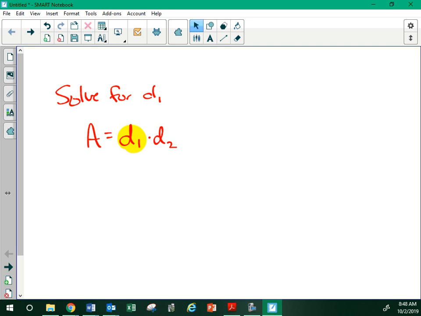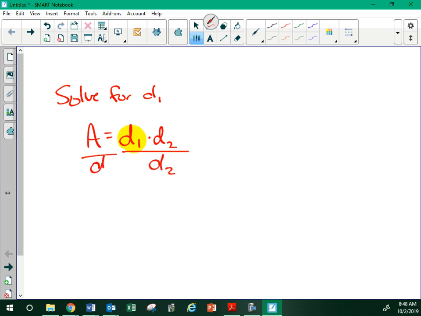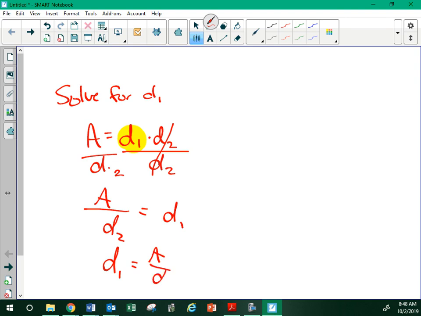We're multiplying by D2, so the opposite of multiplying would be to divide by D2. So then I have capital A divided by D sub 2, this is area divided by diagonal 2, equals, those cancel, and we have D sub 1. So our answer would be D sub 1 equals area divided by D sub 2.